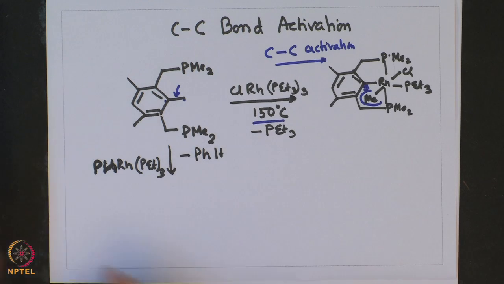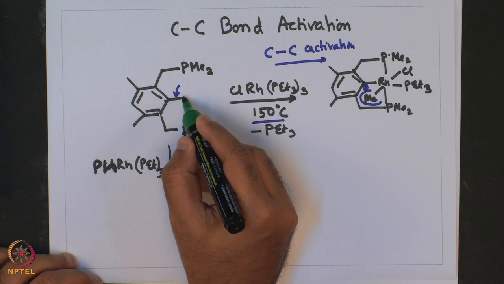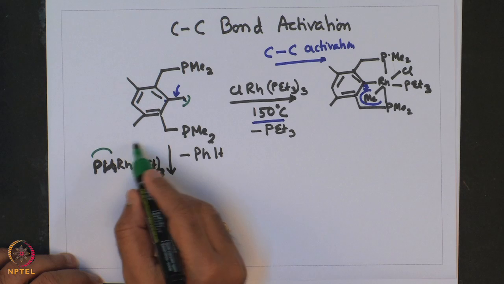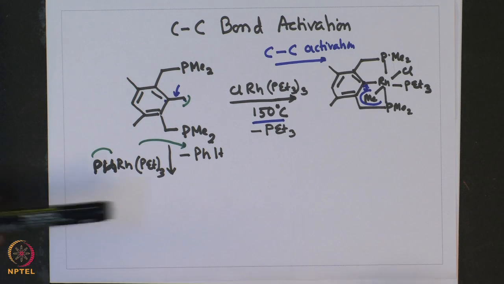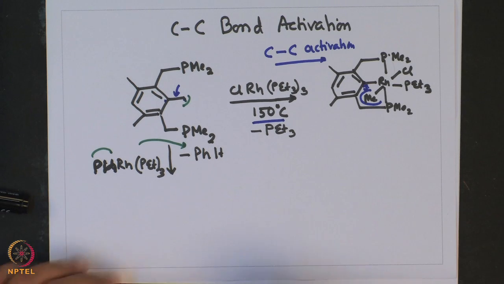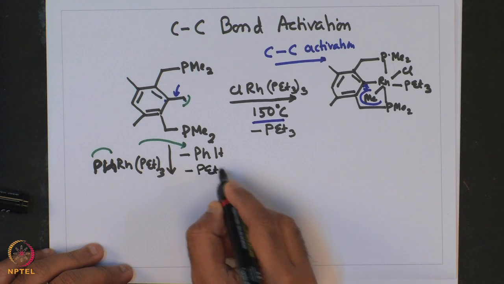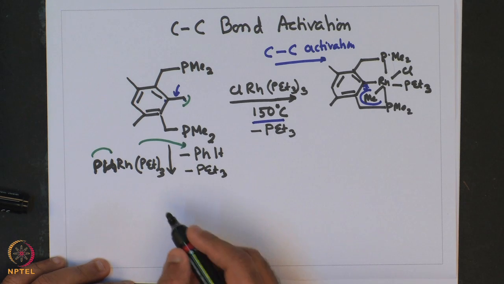So, here C-H activation happens between this hydrogen and this phenyl moiety, leading to the elimination of benzene as well as one PEt3 molecule from the catalyst, resulting in this C-H activated product.